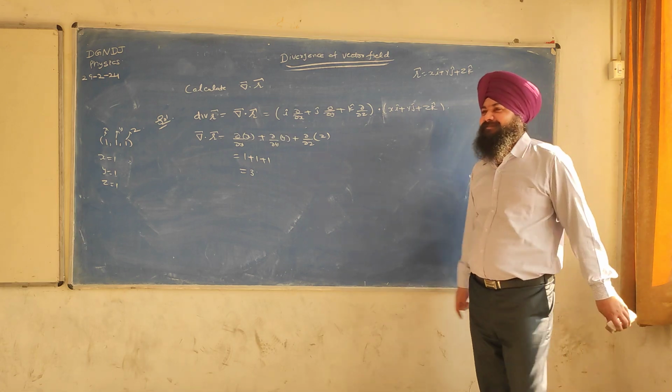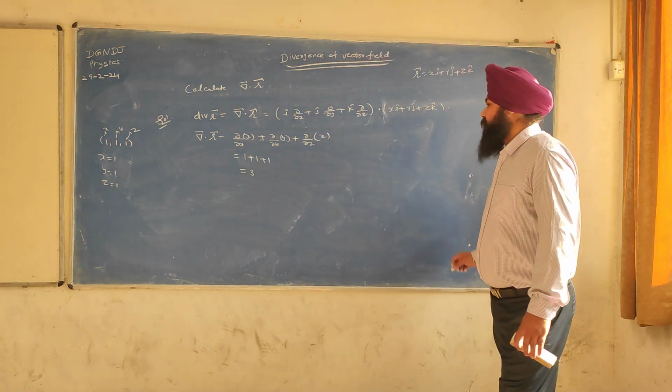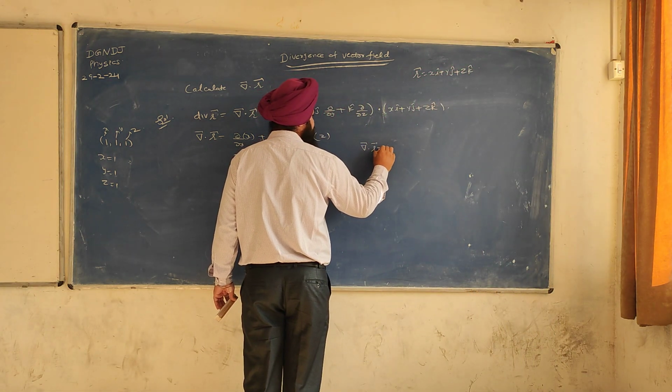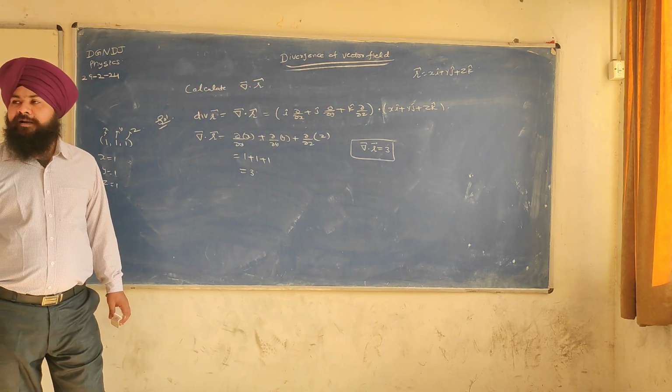So simple, del dot r is 3. So the answer is del dot r is equal to 3.